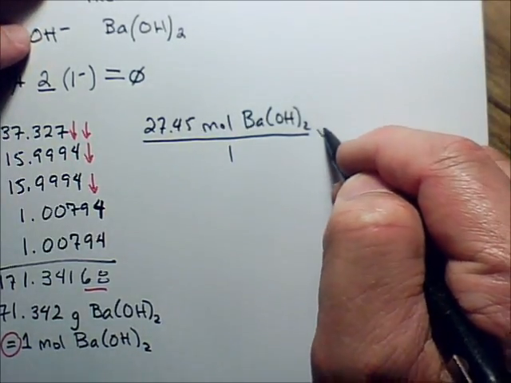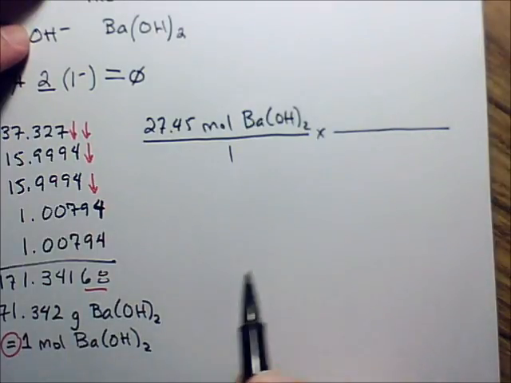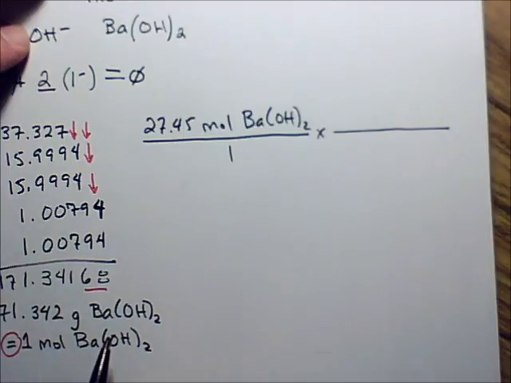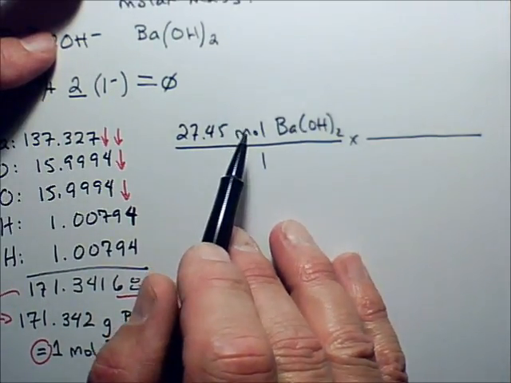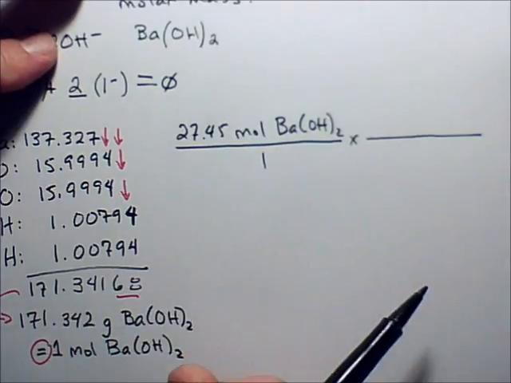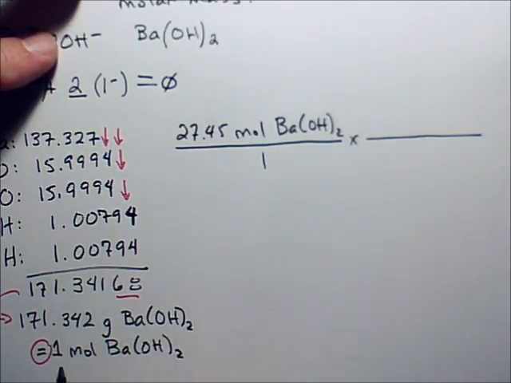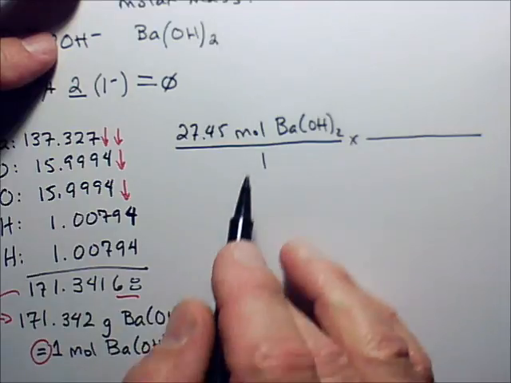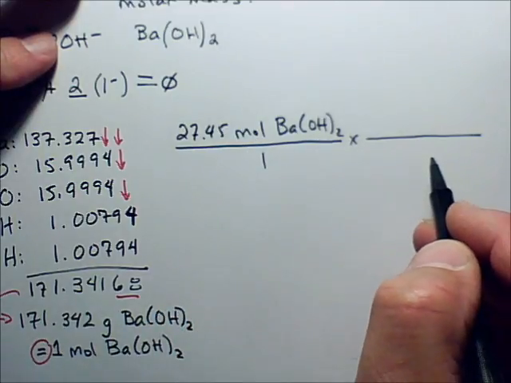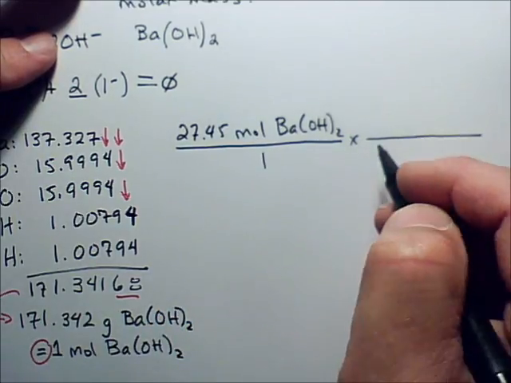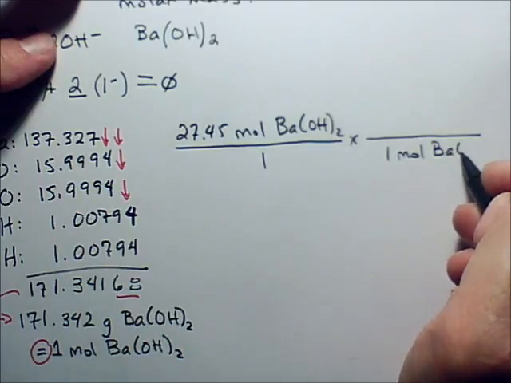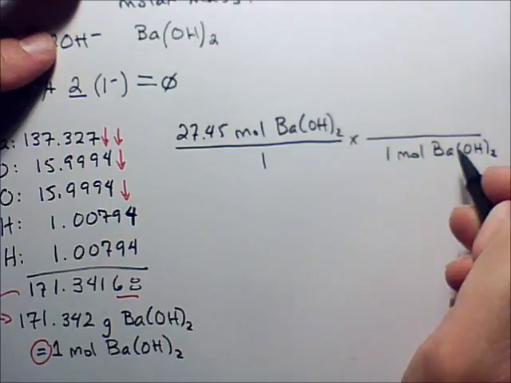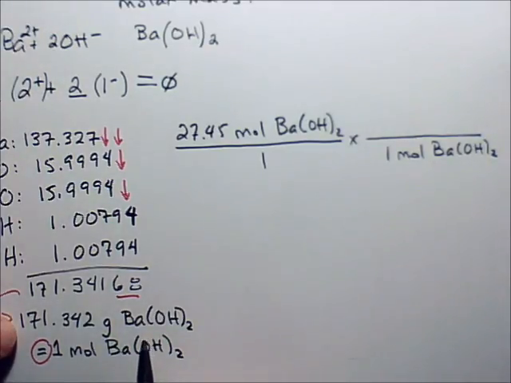What we want to do is to put in this conversion unit the side of this equality statement that matches the beginning units and species, or the units and species that are still left in the problem. 1 mole of barium hydroxide is the side that matches the units and species, so it's going to go on the bottom of the fraction. And this other side then goes on the top.